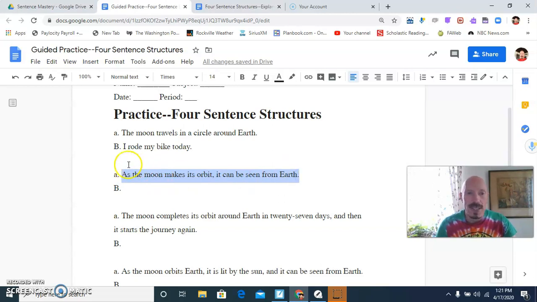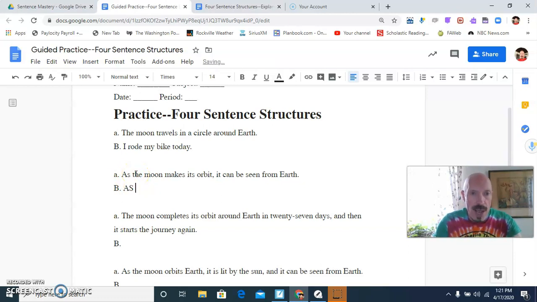That's a complex sentence because, see, there's that subordinating conjunction. So I could say, I'm even going to use the same conjunction. As the storm clouds formed, I rode my bike today.